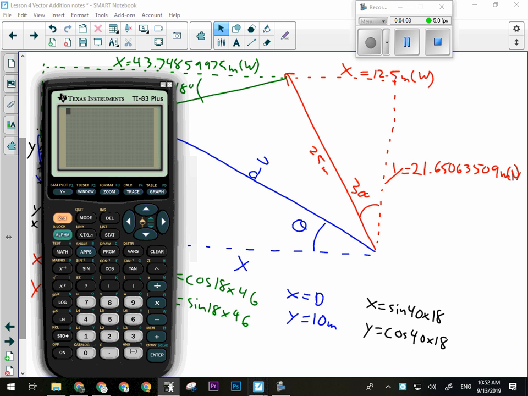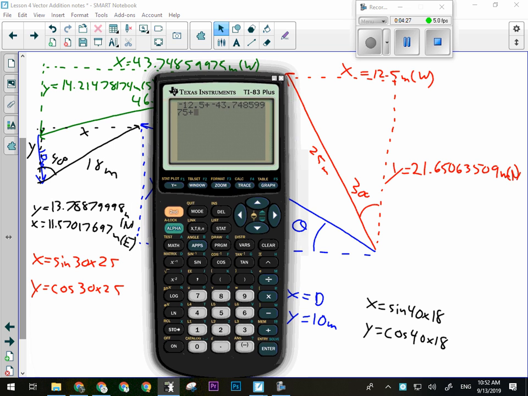Blue x will be negative 12.5, because it's west and I'm making west negative, plus negative 43.748599975, plus 0, because my blue one didn't have anything, and then the black x here was 11.57017697.